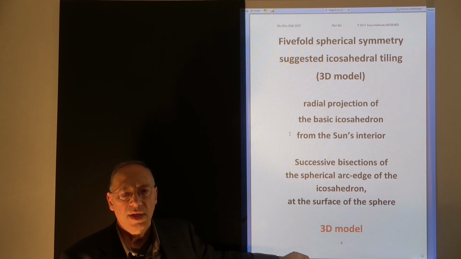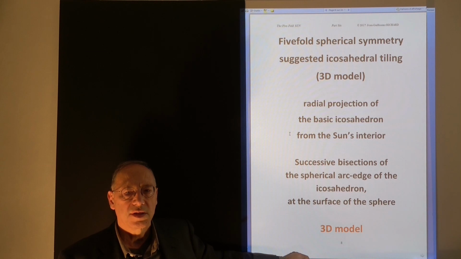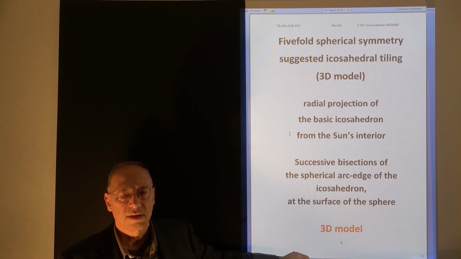We will obtain the sought model from fivefold spherical symmetry with a radial projection of the so-called basic icosahedron that we postulate in the Sun's interior, and then successive bisections of the spherical arc edge of this icosahedron in the case of the Sun at the photosphere. We shall now investigate this again on the same kind of 3D model.